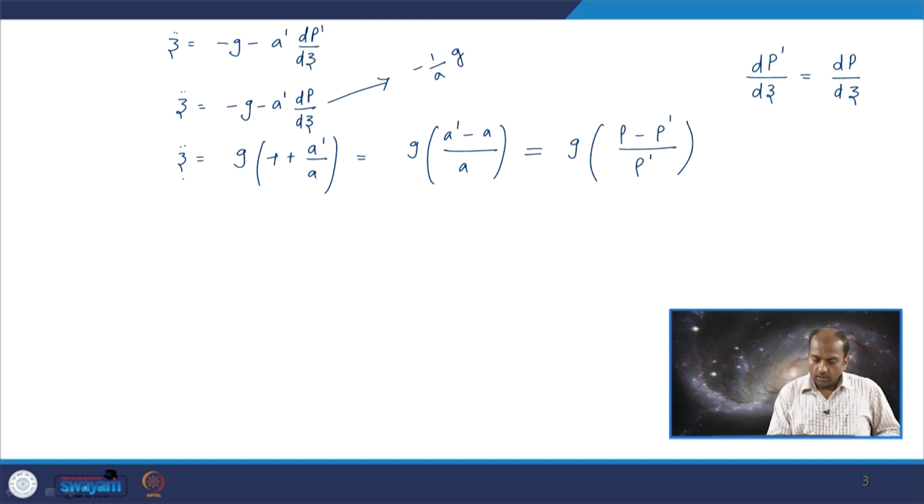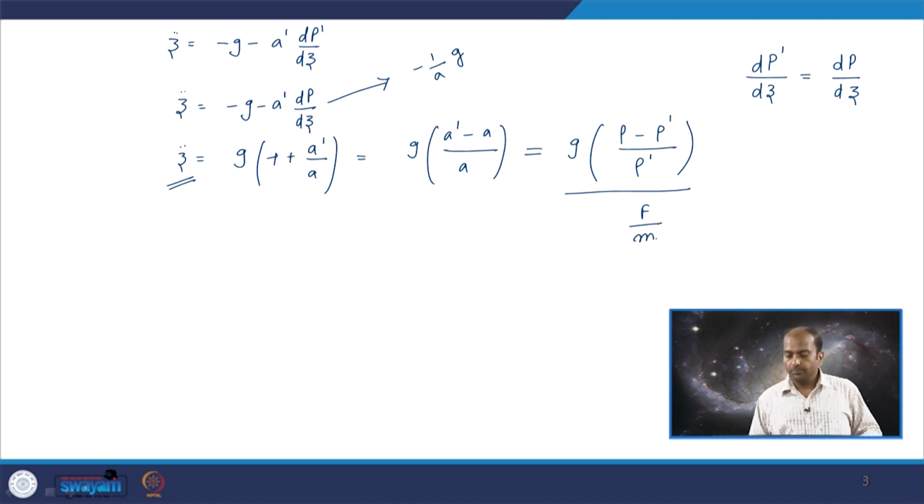So, what is this? This is the acceleration. The acceleration should be equal to force per unit mass. So, the right hand side of this equation is the force per unit mass, which is the difference between the vertical pressure gradient force and the gravity.